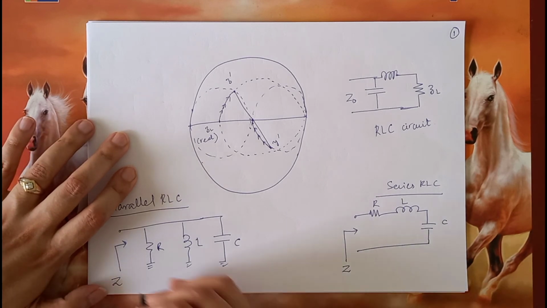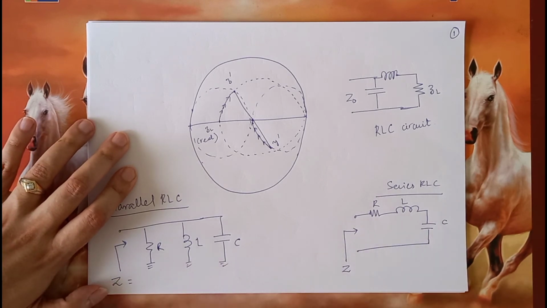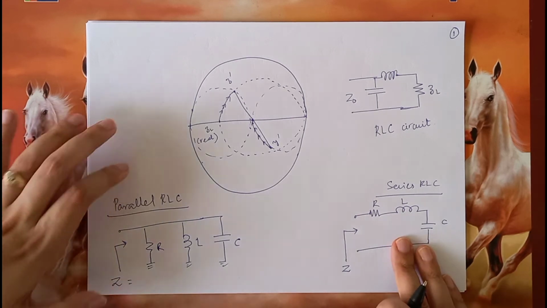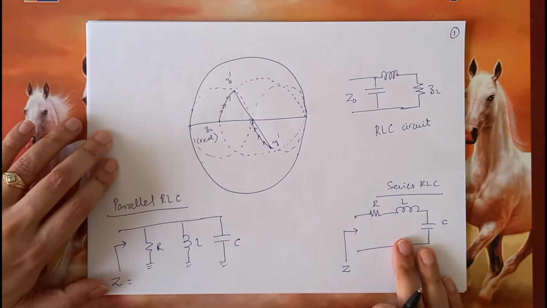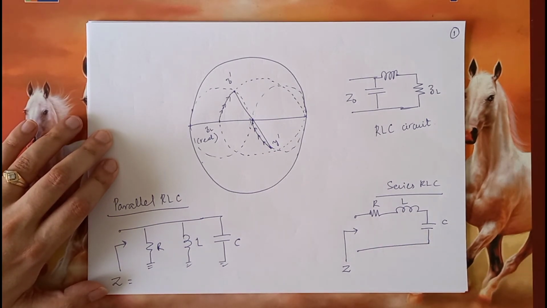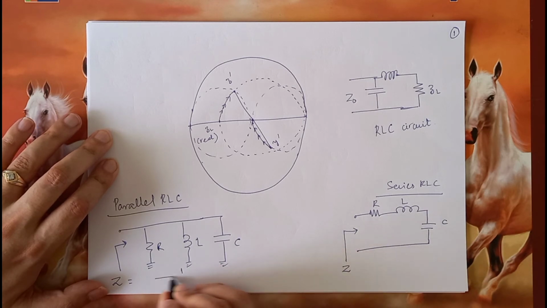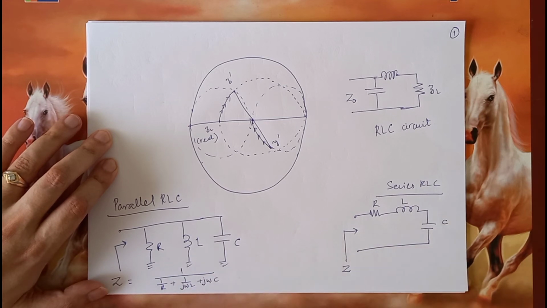Obviously, as you know, in case of a parallel RLC network, the Z would be a parallel combination of each of these, and in the case of series RLC, the net impedance would be the algebraic sum of all of these. So effectively, in the parallel case it is 1 upon (1 by R plus 1 by j omega L plus j omega C).